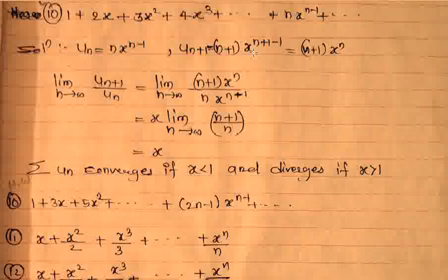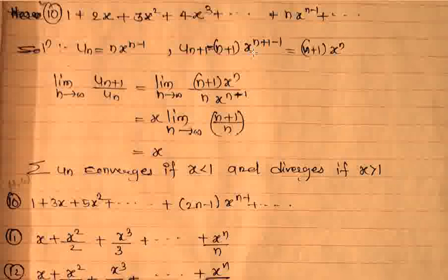Similarly, 1, 2, 3, 4, this is 3 squared, which is 9, 2 cubed, which is 8, x to the 3, which is x cubed. So dividing this by this, you can also cross multiply.